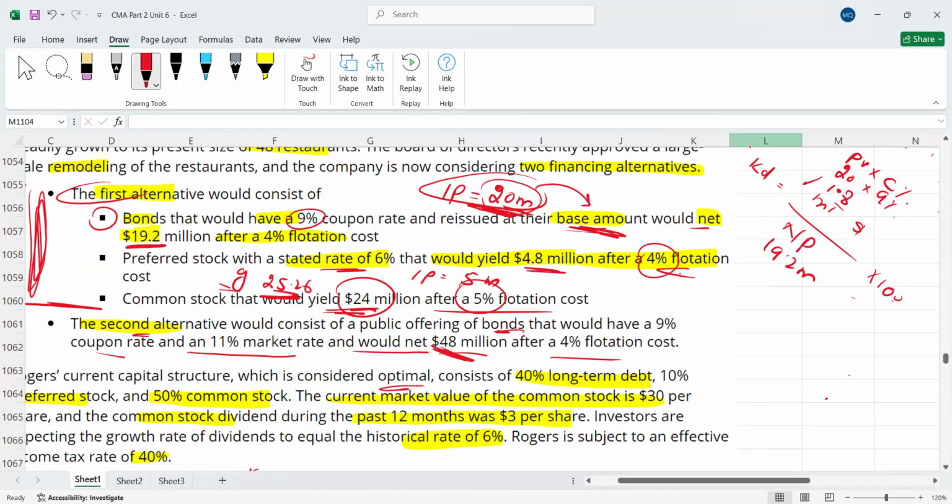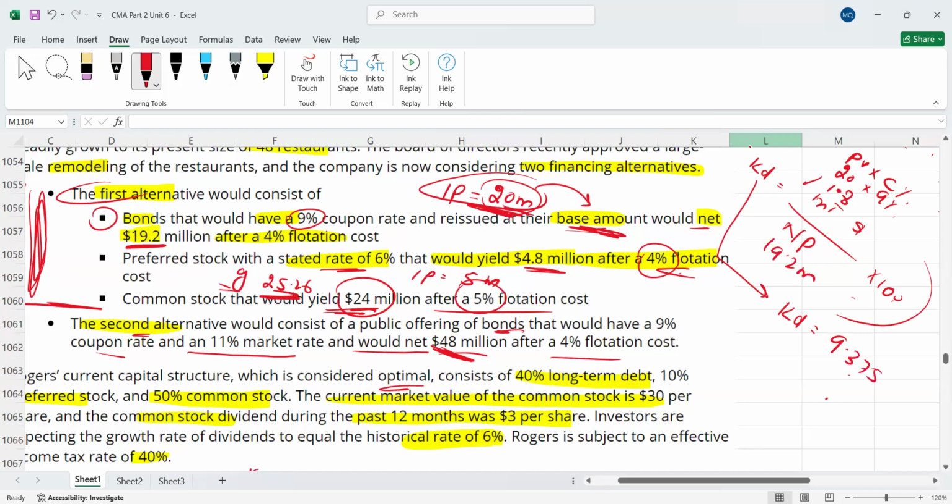So now you can solve 1.8 divided by 19.2 multiplied by 100. This is going to be 9.375%. So you can round it. Cost of debt is before tax, not after tax.